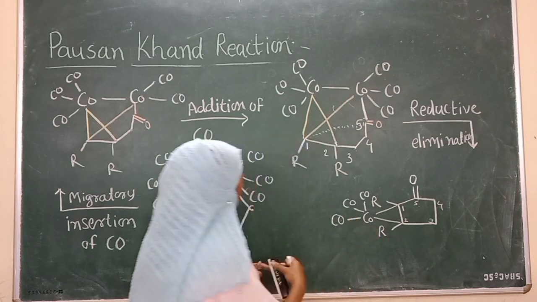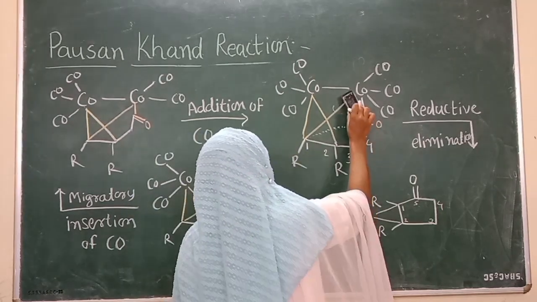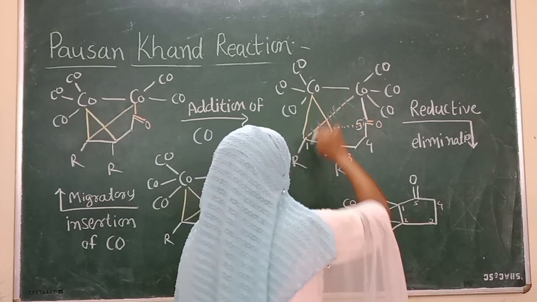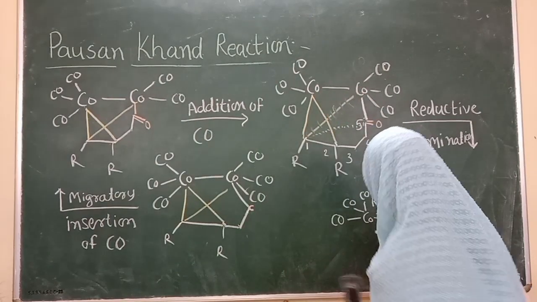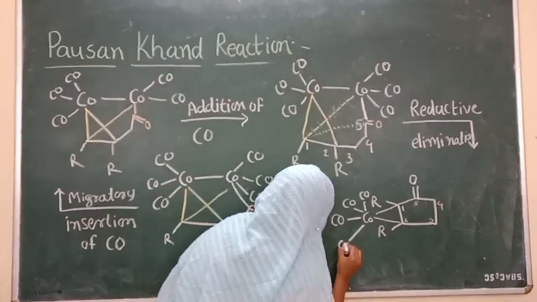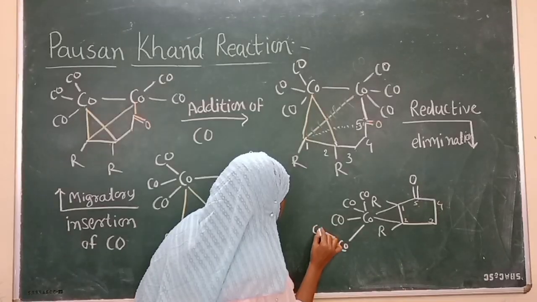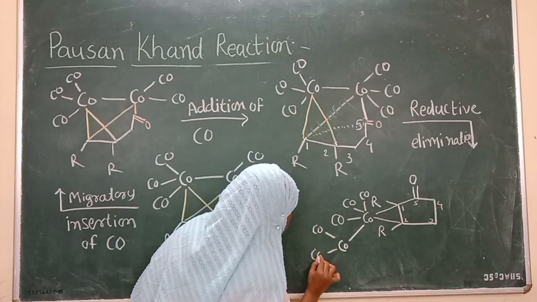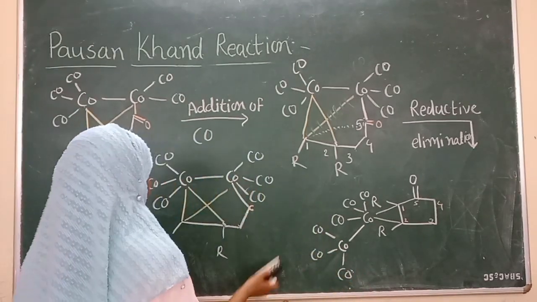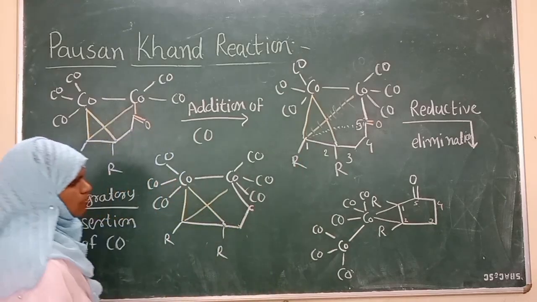This cobalt is joined to the second cobalt compound with 3 carbonyl groups. Here, shall I write this?